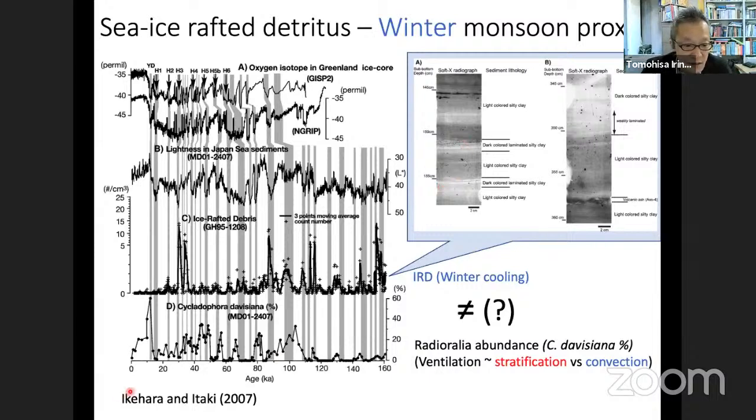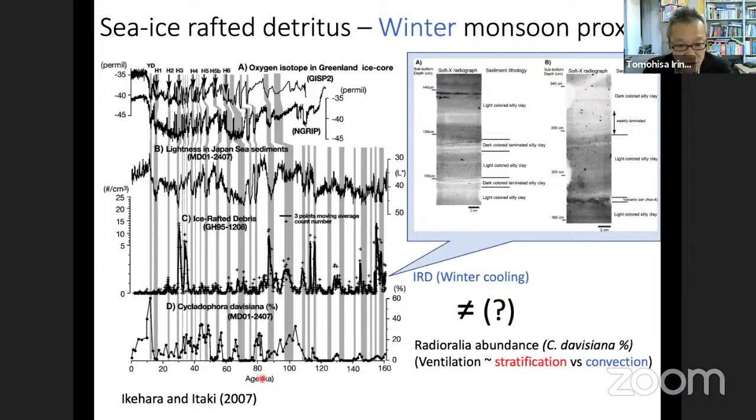Ikehara-san and Itaki-san tried to reconstruct the winter monsoon using sea ice rafted detritus, counting these black, large sand to gravel size particles in the soft X-ray photograph, and plotted them with the ages.